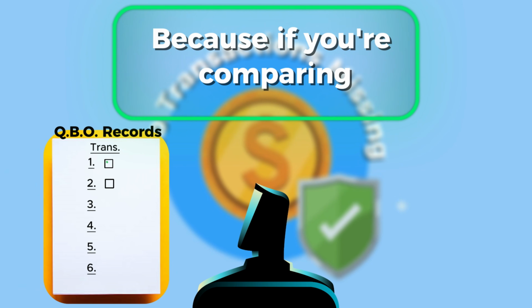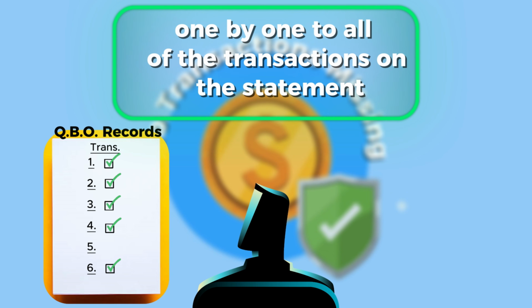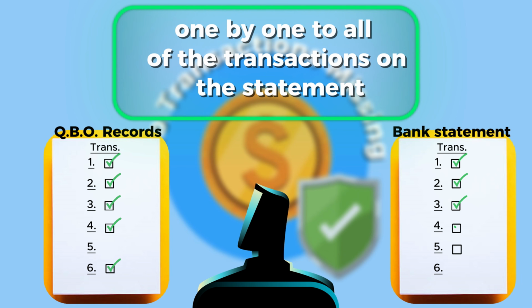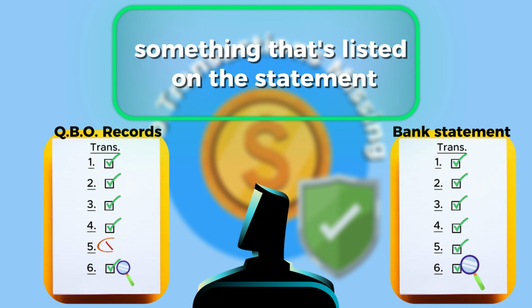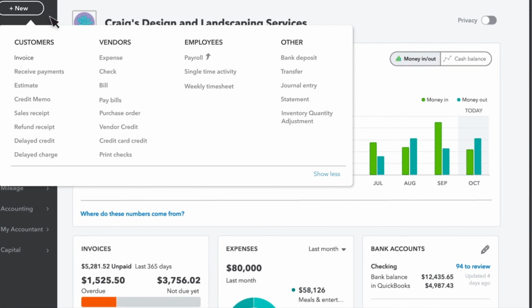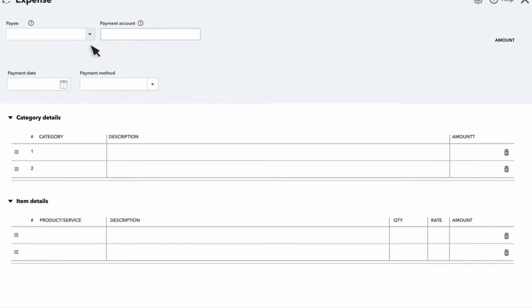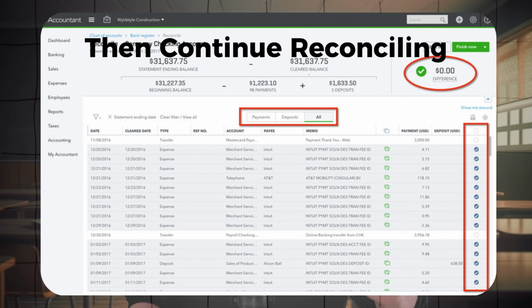Because if you're comparing the same transactions in your records one by one to all of the transactions on the statement, your eyes would clearly see something that's listed on the statement that you forgot to record. And all you would have to do is pause the bank reconciliation process, go and record in your QuickBooks whatever you missed that showed up on the statement, and then go back to the bank rec process and continue reconciling.